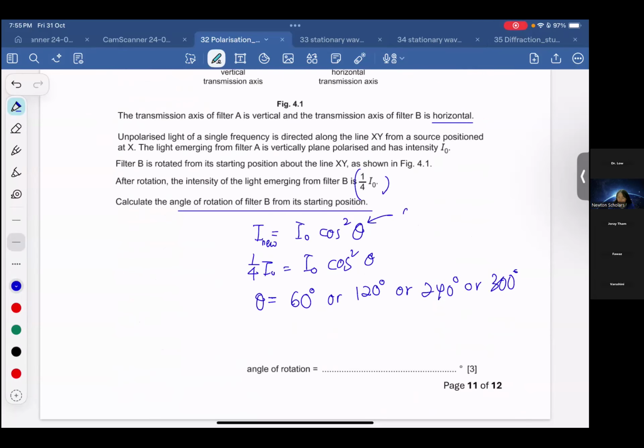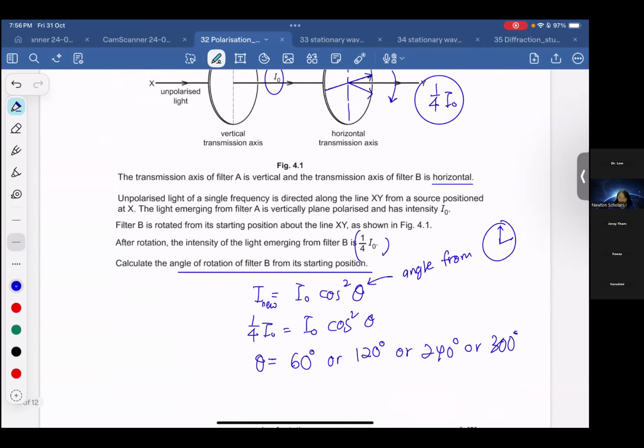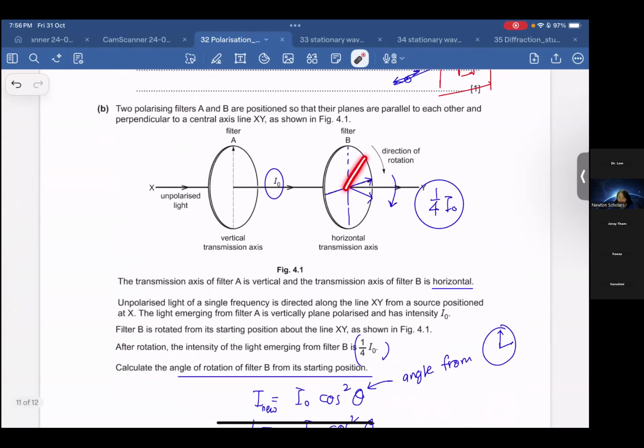This one is actually the angle from the vertical, compared with your filter A, which is vertical. So if you say 60, actually it is on this area. So we are starting from 90 degree. So your answer won't be 60.